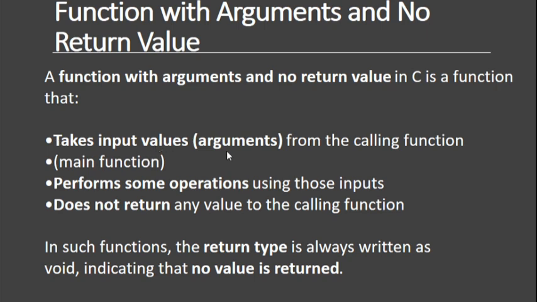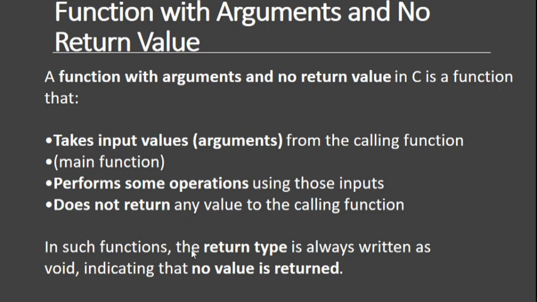See, the main function gives the arguments to the user defined function, so the user defined function is going to execute the values which it got from the main function and produce a result, but the result does not return back to the main function.